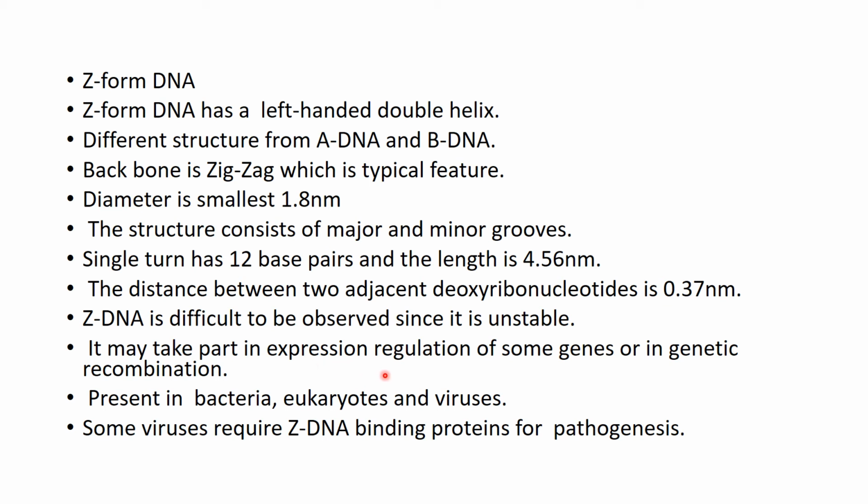So apart from replication and transferring the genetic information from one generation to another, this DNA is involved in certain specific functions like recombination. Such types of DNA have been found in bacteria, in eukaryotes, and in viruses. Some of the viruses require the Z binding protein for pathogenesis. So this is also a very typical feature of Z DNA. This is a DNA which has typical characteristics and is quite different in structure and function as compared to the two other forms of DNA.